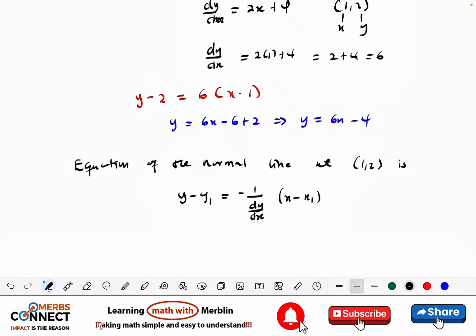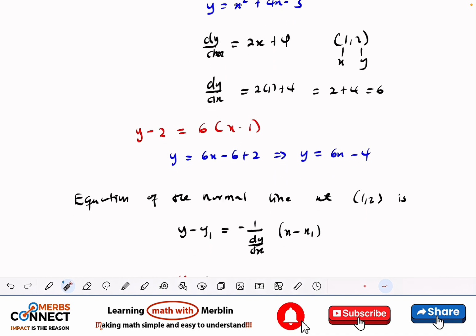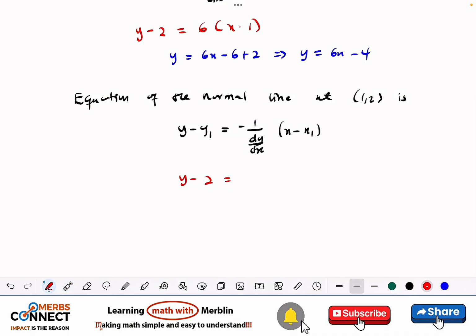So plug in 1 and 2, and we are going to have y minus y1. y1 is 2, but we found out that the slope is equal to 6, so we put it inside there. So minus 1 divided by 6, and x minus 1.